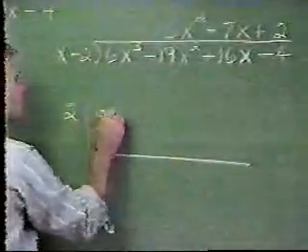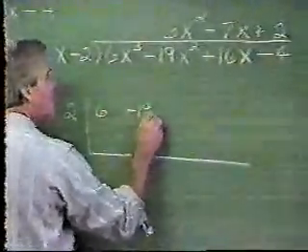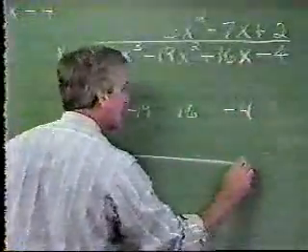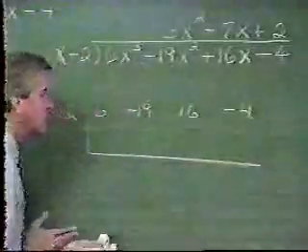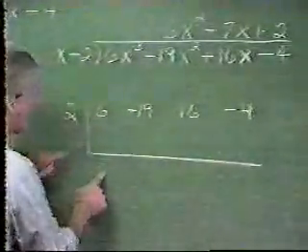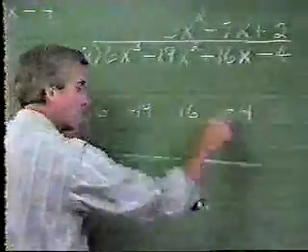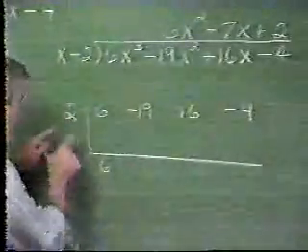So let's write down the coefficients and the constant. That's all we need in synthetic division. And here's how the process works. We bring down this first item, the first number written in this group of numbers. Just bring it down.